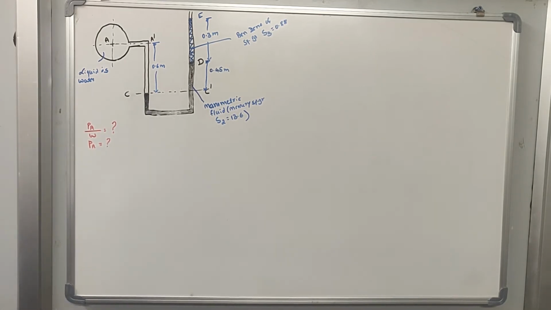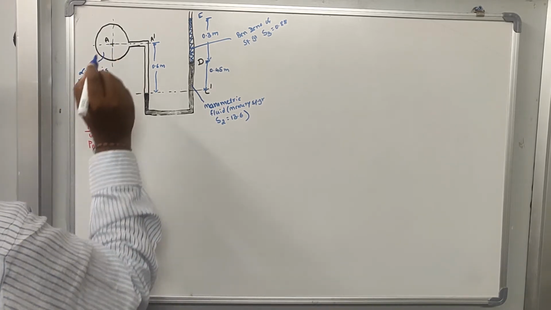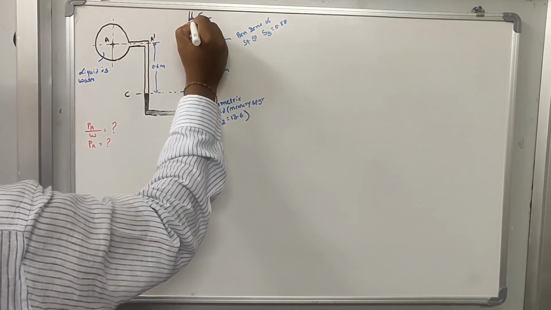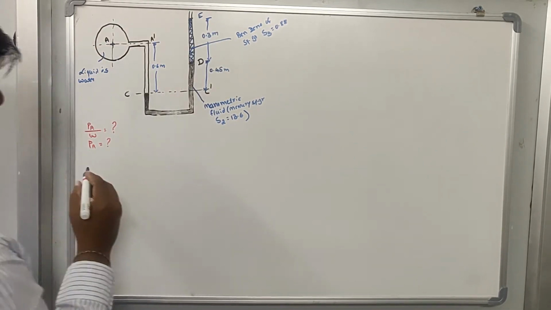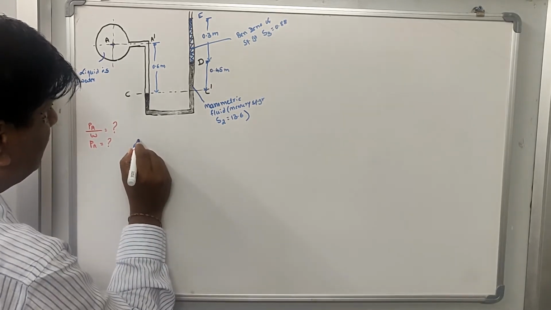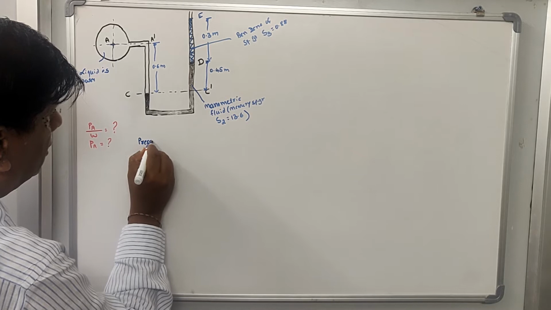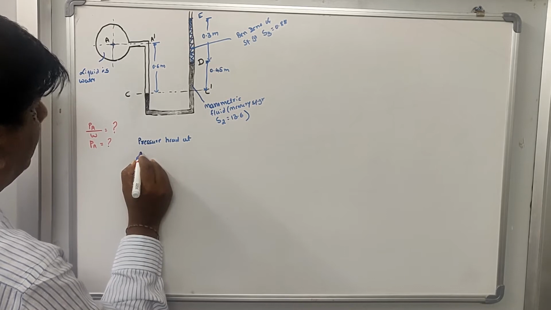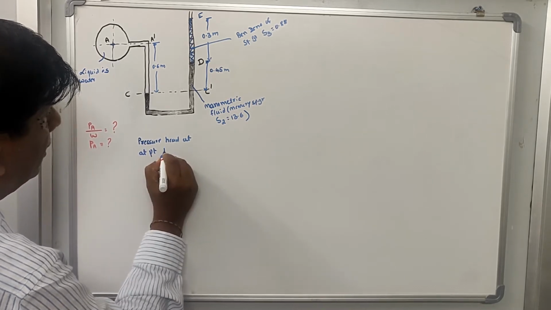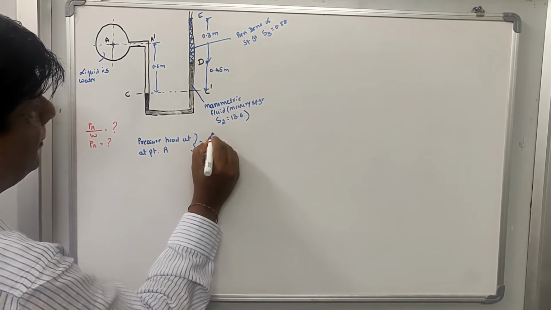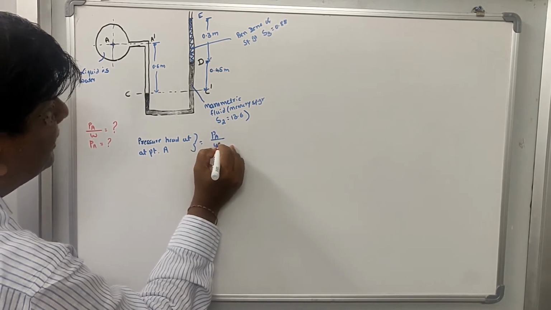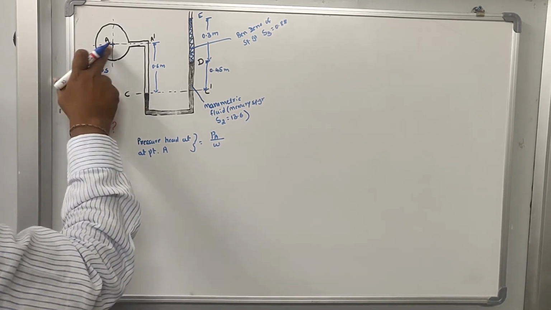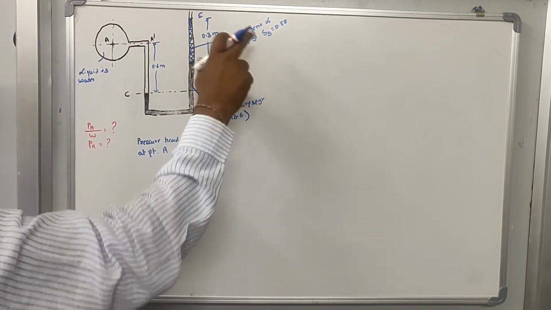As I told, first you start writing the gauge equation. To write the gauge equation, you start either from point A or from point E. Let us start from point A. Pressure head at point A is equal to PA by W, because the fluid is water in the pipe A. Now A and A dash, you observe both are on the same horizontal line.